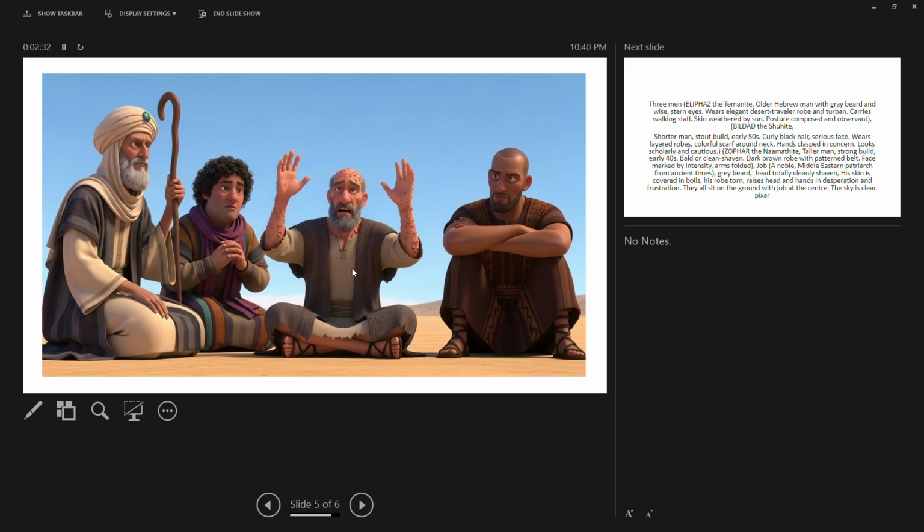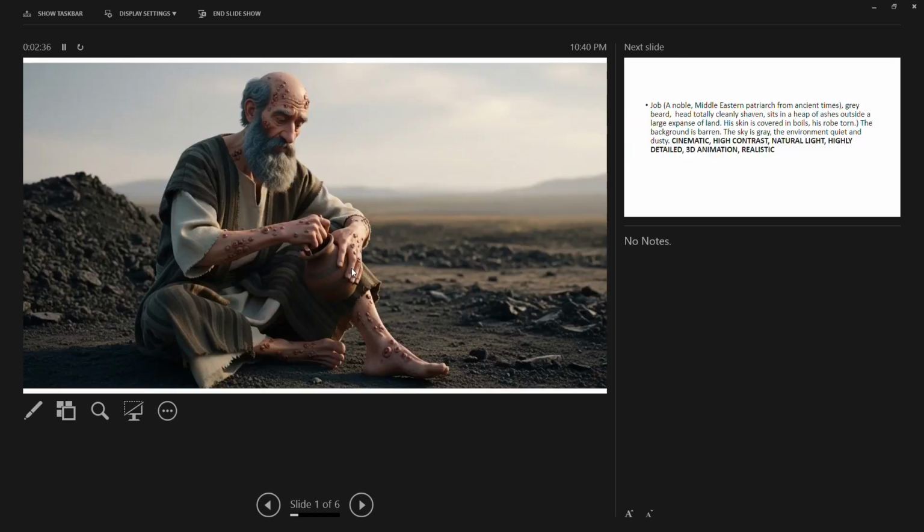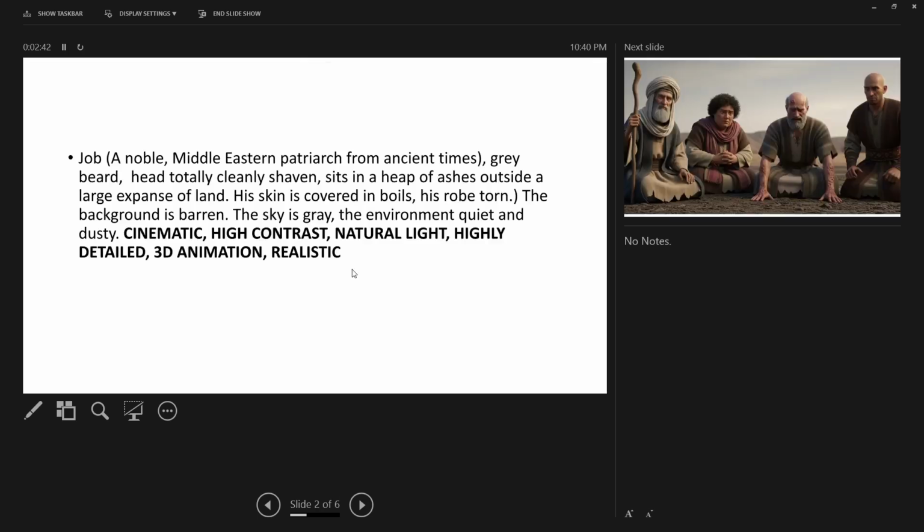As you can see now, to generate this particular image, this is the prompt that I used. Job, in brackets, a noble Middle Eastern patriarch from ancient times, gray beard, head totally shaven, sits in a heap of ashes outside a large expanse of land.